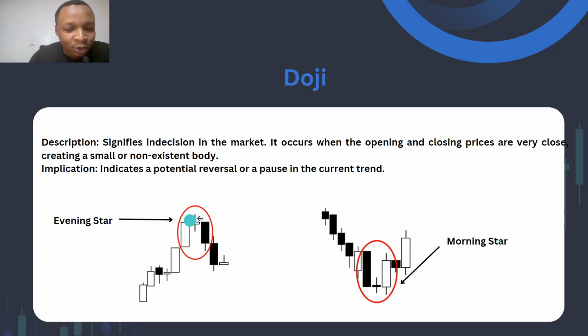So these three candles joined together are called the evening star pattern. Okay, the evening star pattern. I don't know why they gave it that name, but this is what it is. All right, so we use it to signify the beginning of a reversal of a buy movement. Okay, so when there is a buy movement, this could be a reversal, or when there is a sell movement, this could be the end of the retracement.